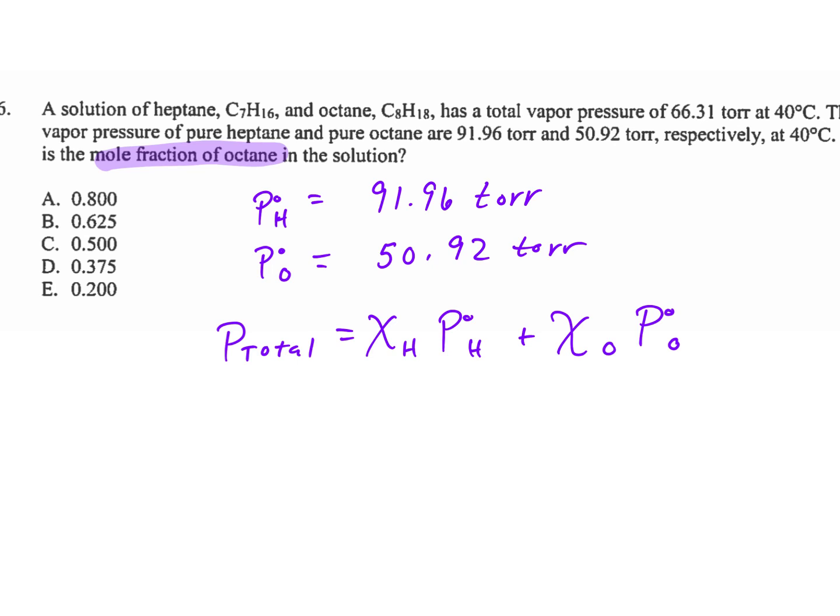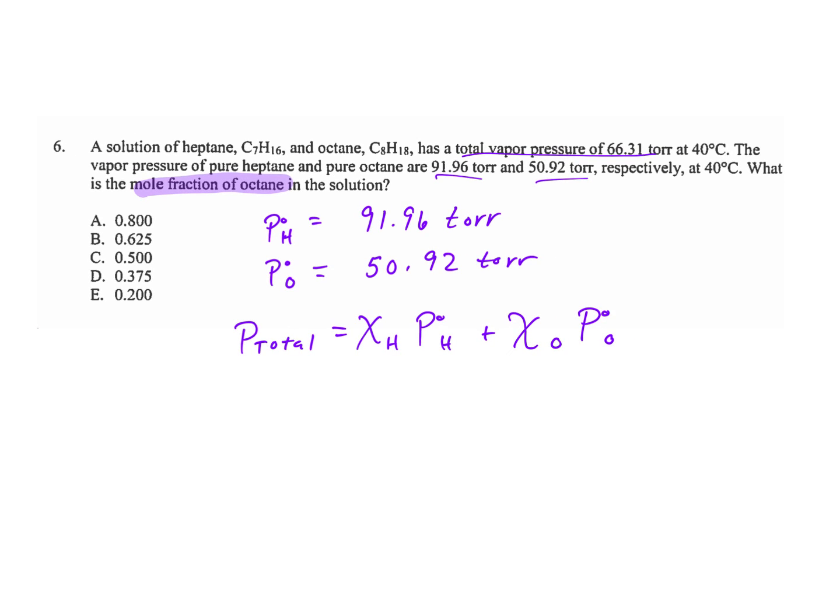We know everything except that, I believe, right? We have the total vapor pressure, 66.31. We're given the vapor pressure of the pure. Oh, we aren't given the mole fraction of heptane, are we? Okay. Oh, right, this is a good one. I forgot.